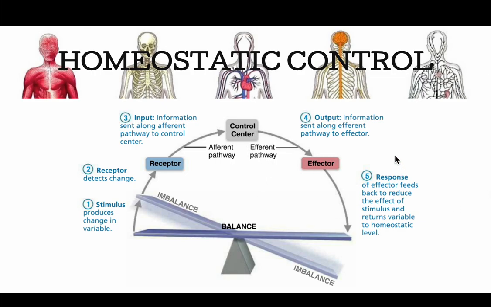Then there will be an effector. That effector will stimulate your response feedback to reduce the effect of the stimulus and return the variable to a homeostatic level. So there's balance.